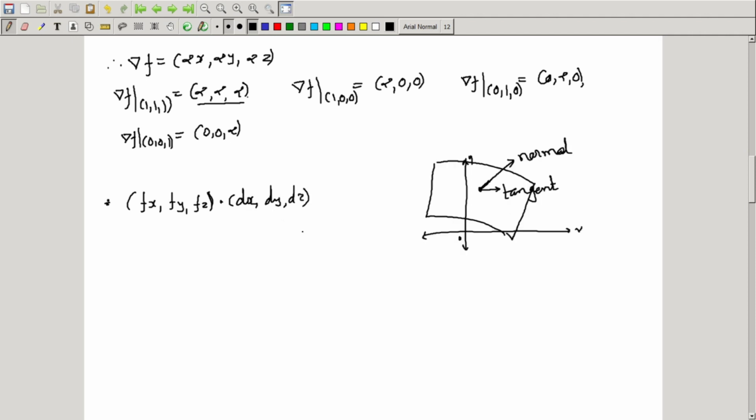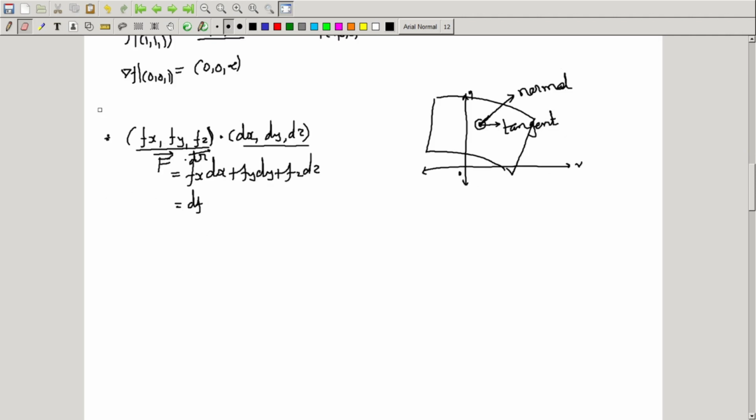This gives me fx dx plus fy dy plus fz dz, and this is equal to the derivative of f. This is vector dr. We integrate this quantity, the integration of vector f into vector dr, which is nothing but the integration of f of x, y, z ds over the curve C.